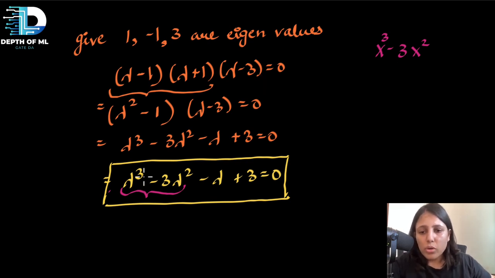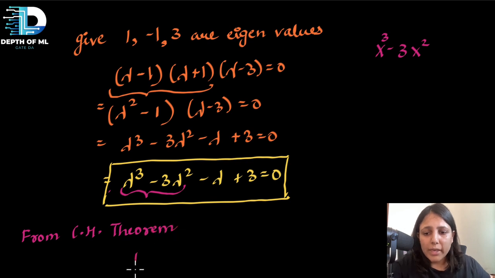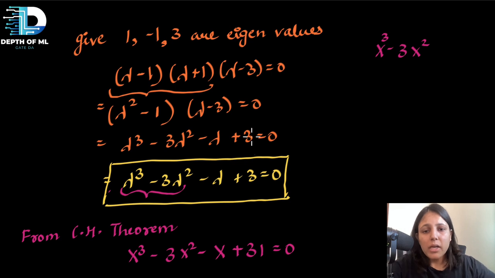From the Cayley-Hamilton theorem, X cube minus 3X square minus X plus 3I equals 0, because every matrix satisfies its characteristic polynomial.